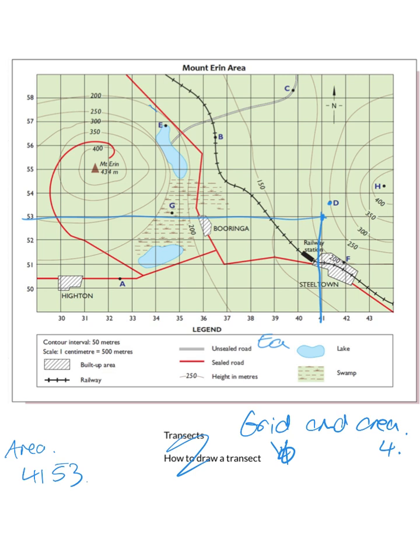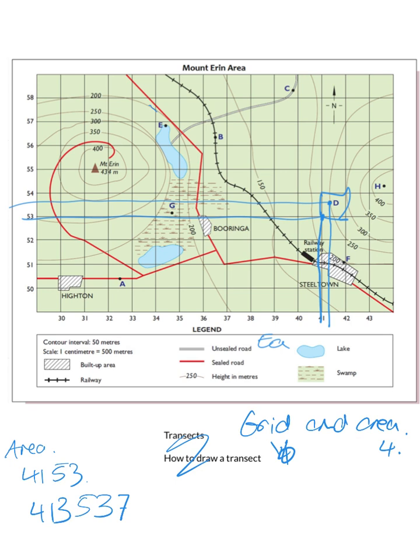So that's the area reference of box D. If we needed to get specific with box D, we would say it is 41.3, only you don't put the decimal point in, and we would go across and say it is 53.7, but again, you don't put the decimal place in.